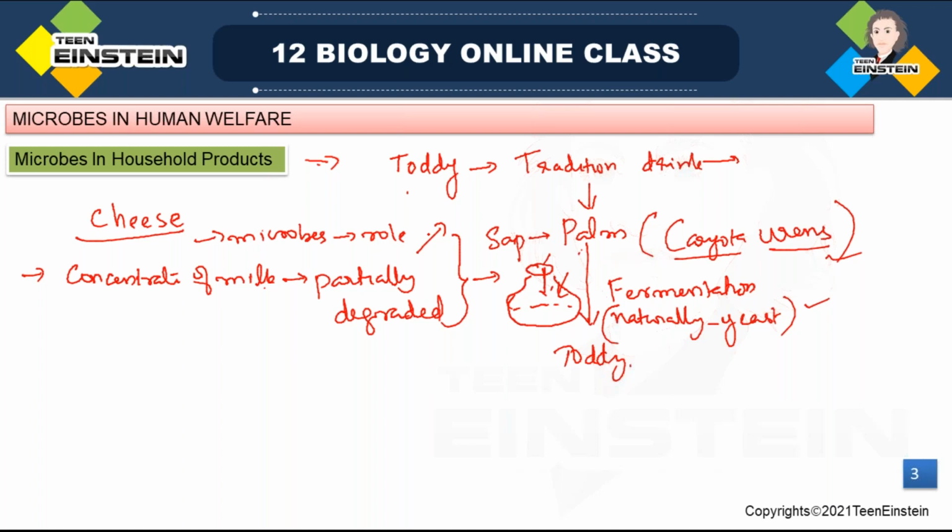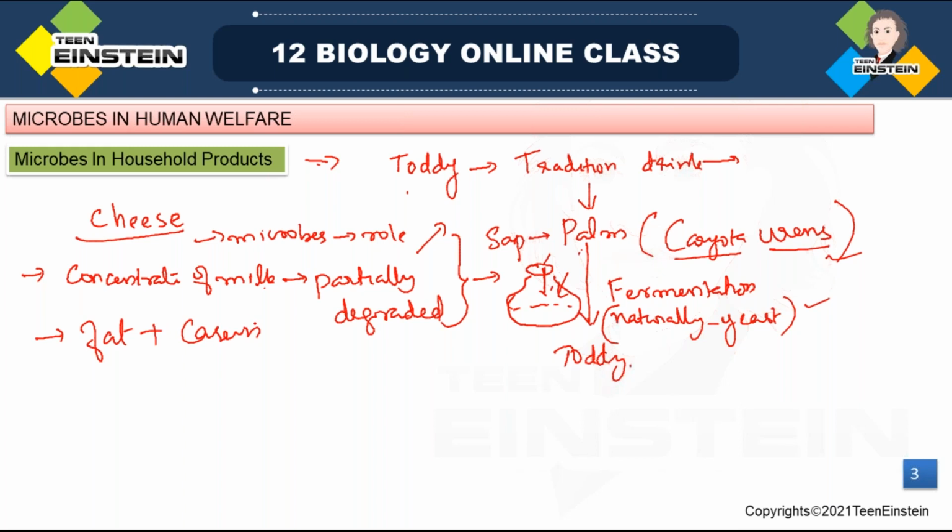So here you can see it's partially degraded, we said, and what is present in that? Fat. In this cheese, milk fat and casein. What is casein?